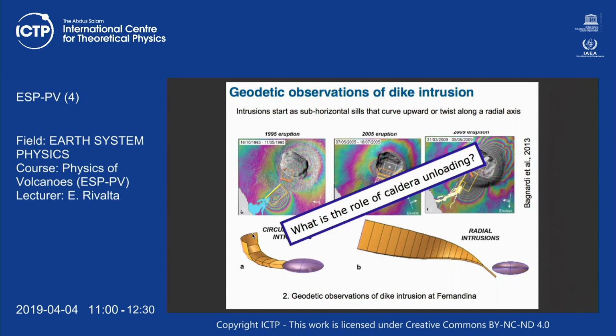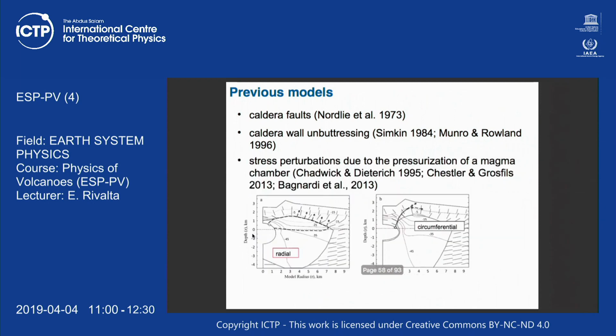Yeah, so this pattern, that they go this way and then they go this way, is not consistent with the previous magma chamber pattern. Because that pattern says, okay, if I have it flat, it may give a circumferential fissure, but they will go this way. Instead, they go this way. So it's a different pattern.